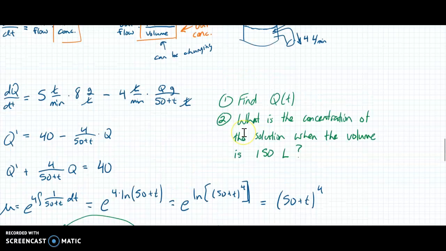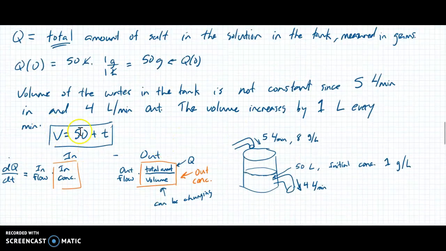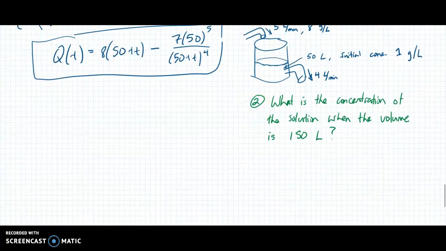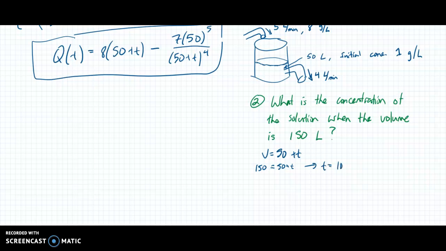Well, if I go up to the very top of this problem, volume is 50 plus T. So V is 50 plus T. What time is going to give me V equal to 150? That means T is 100.